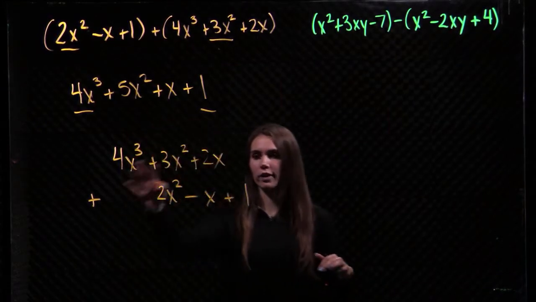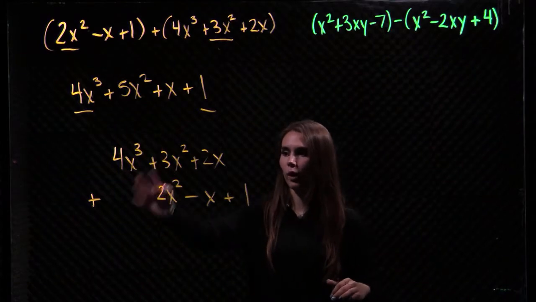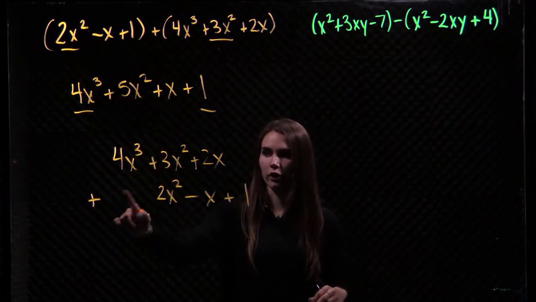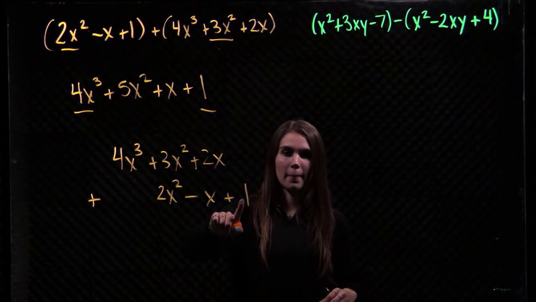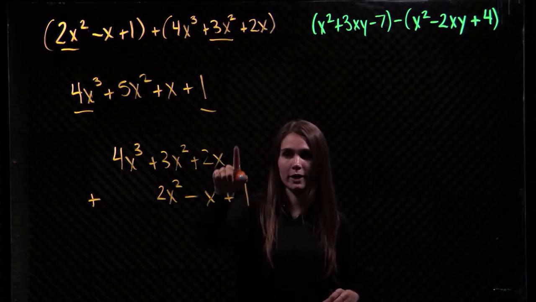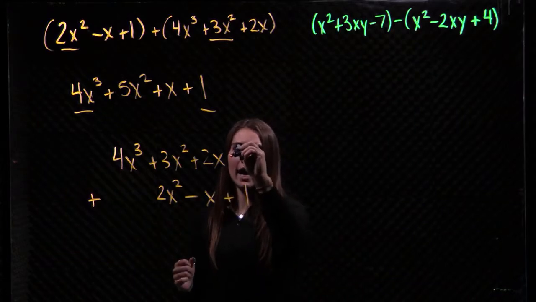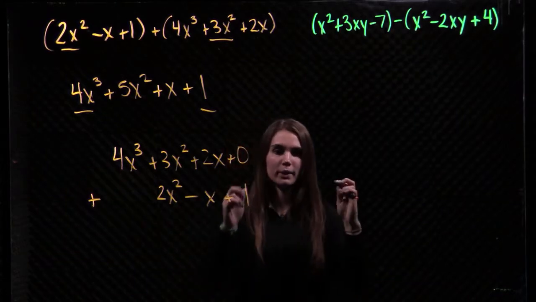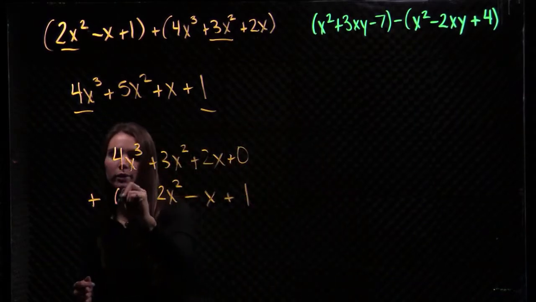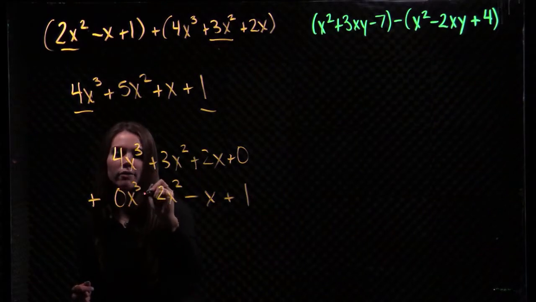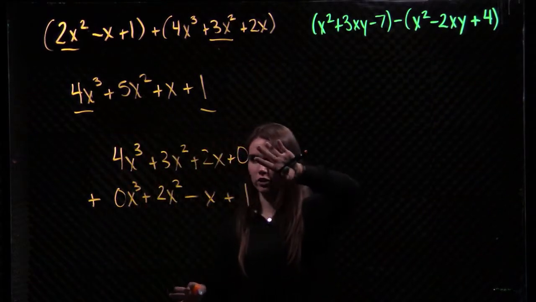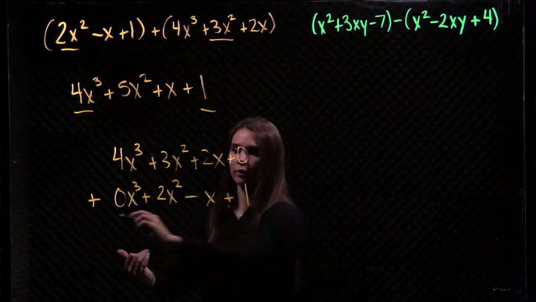So something important to recognize here is that we don't have an x cubed in this equation down here on the bottom, and we don't have an integer without a variable on the top here. So what we can do to make it more full is just add zeros as placeholders. So this is going to be holding our place for where we would have an x cubed and an integer here, so that now we can just add straight down.